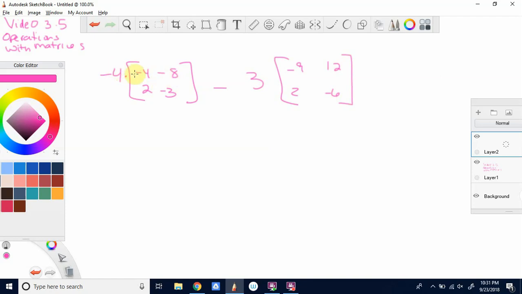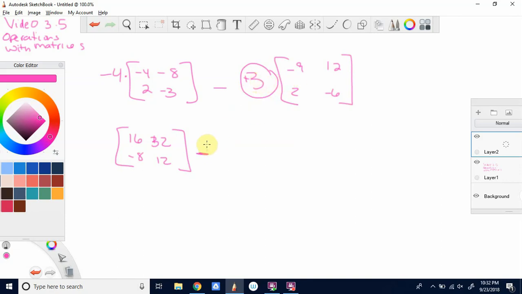So we can distribute, it's a scalar, so this becomes positive 16, plus 32, and then negative 8 and 12. Now I'm going to write this negative, and my scalar is just going to be positive 3. I'm going to keep this here. So I'm going to distribute positive 3, not negative 3.